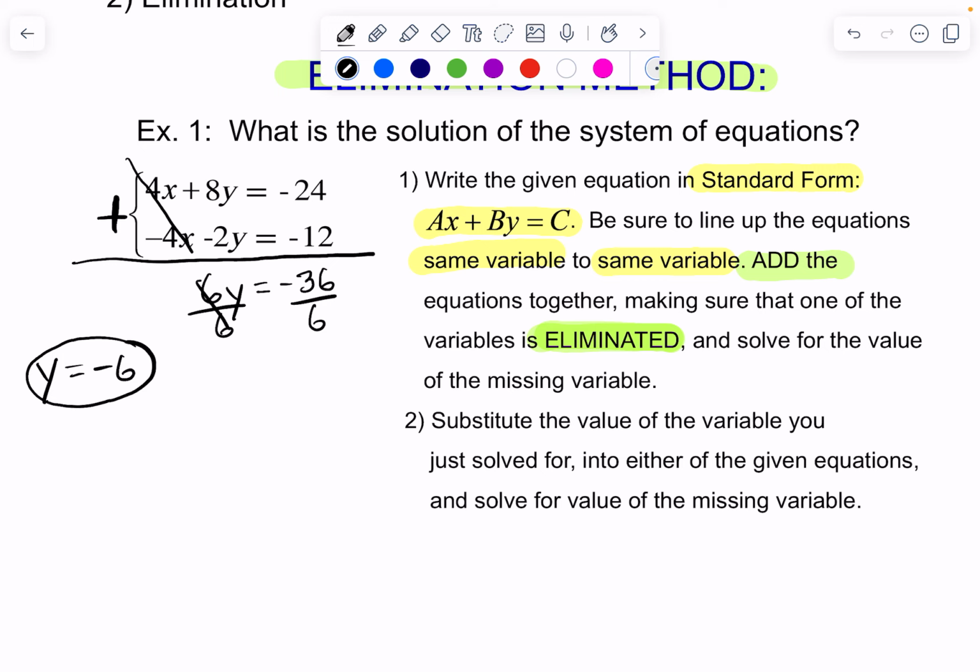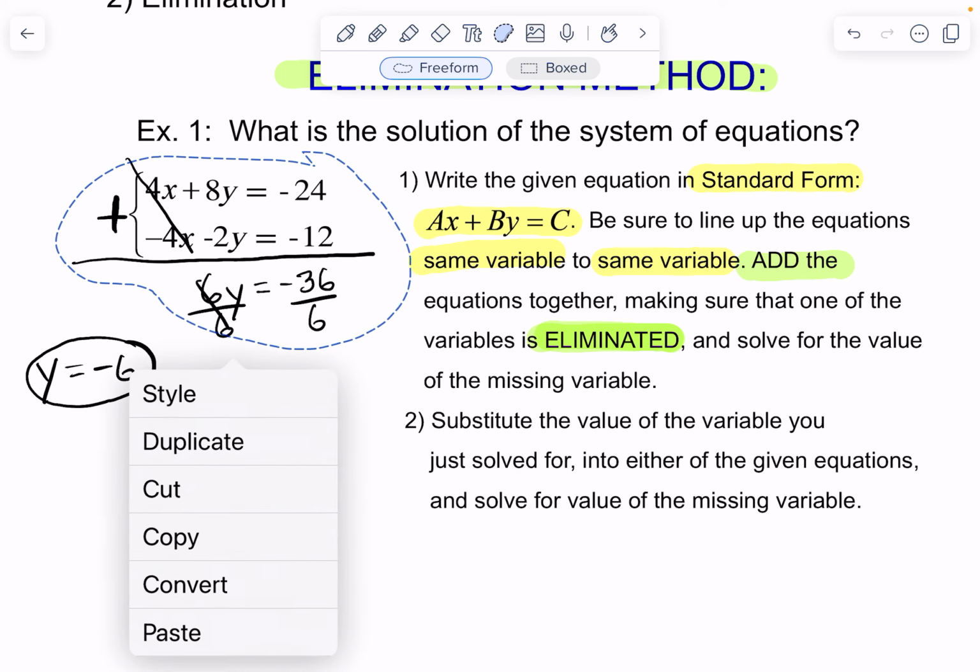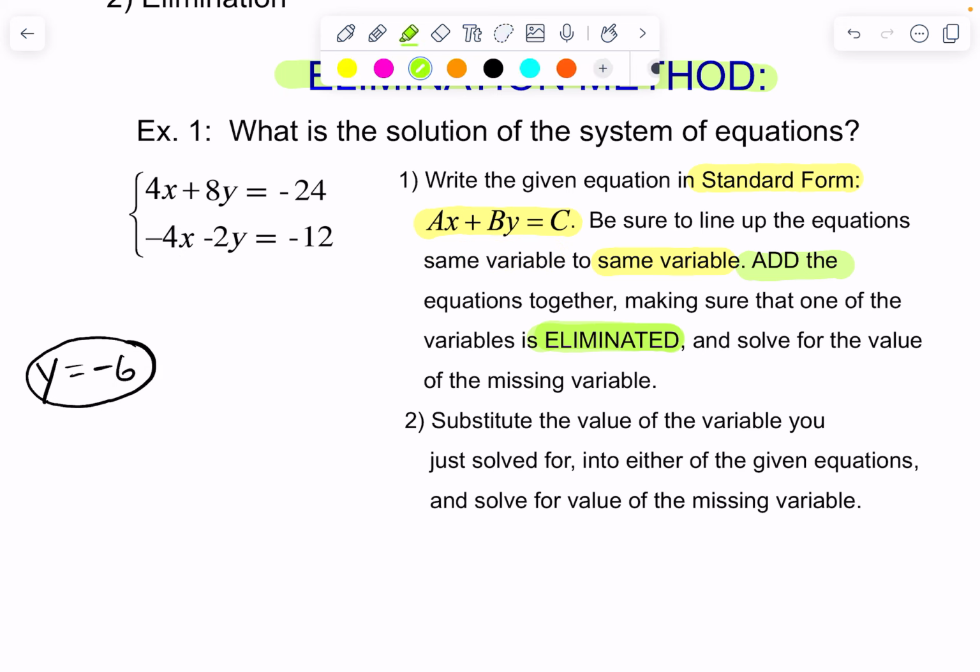Now that you know that y equals negative 6, you're going to plug that value back into either of the original equations that was given to you. For my purposes, I'm going to choose to plug it into the first equation. So for x, 8 times negative 6 is minus 48 equals negative 24.